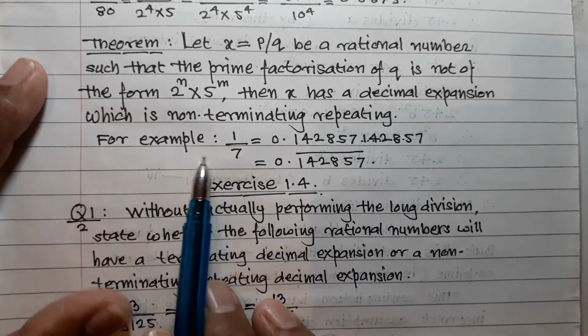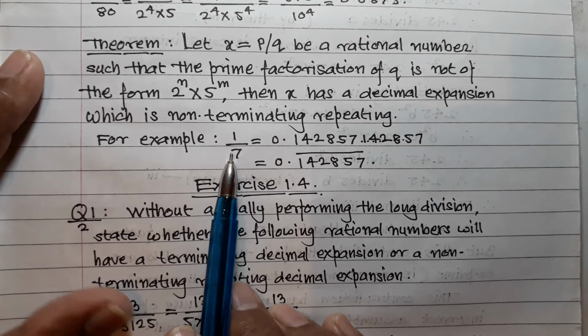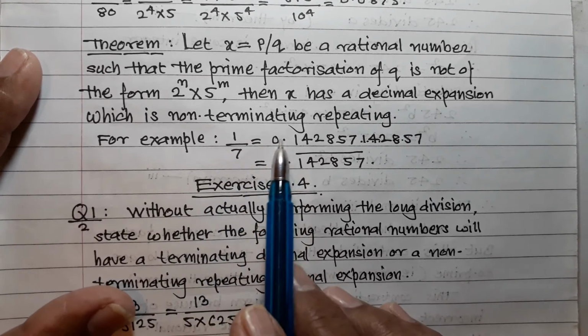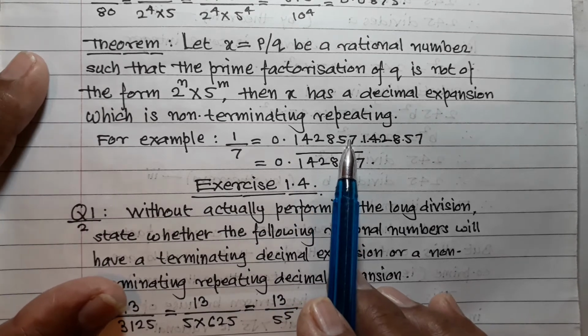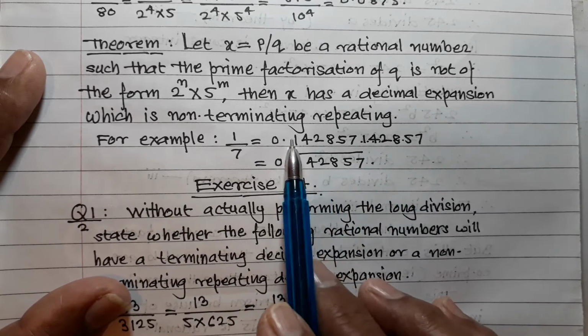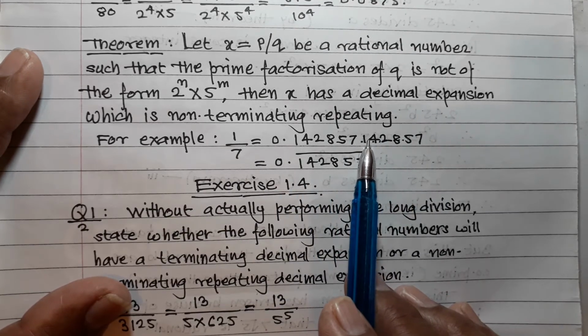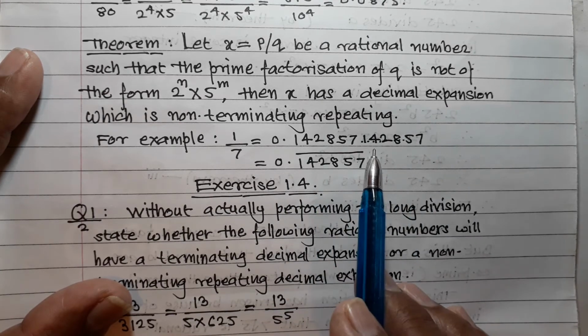Okay, for example, 1 upon 7. So this is equal to 0.142857, 142857. So this group is repeating. So when a group is repeating, you denote it by this.